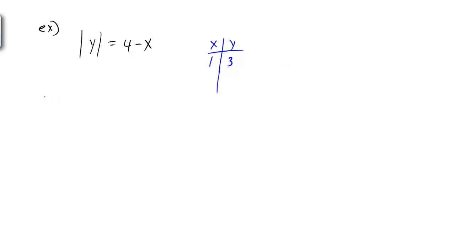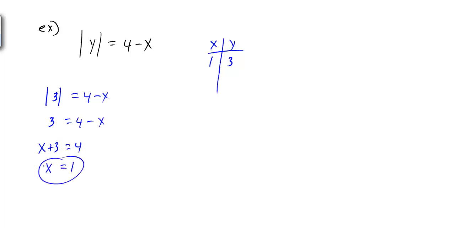If I was to let y equal 3, then the absolute value of 3 is equal to 4 minus x. Well, the absolute value of 3 is 3, so 3 equals 4 minus x. So if I move the x over, we get x plus 3 equals 4. Subtract the 3, so x equals 4 minus 3 is 1.